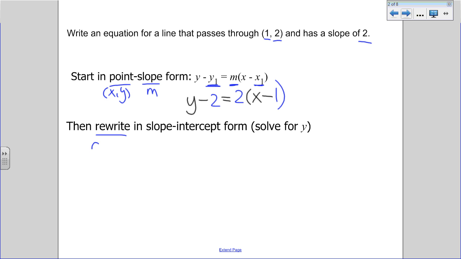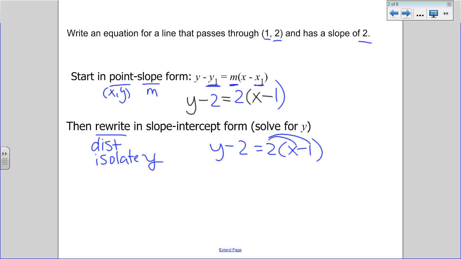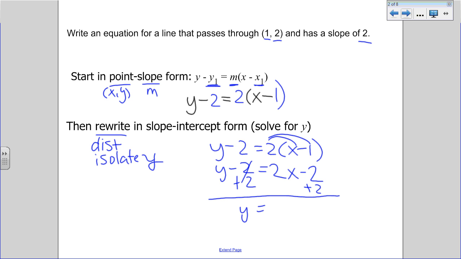We're going to distribute and then isolate y. So I've got y minus 2 is equal to 2 times x minus 1. Distribute. I've got 2x minus 2. And we're going to add 2. We have this plus 0, or y equals 2x.